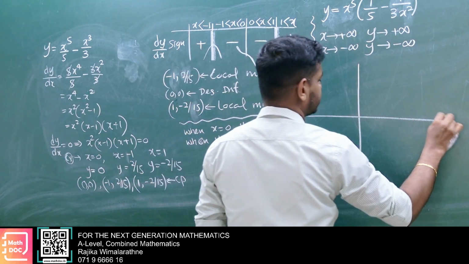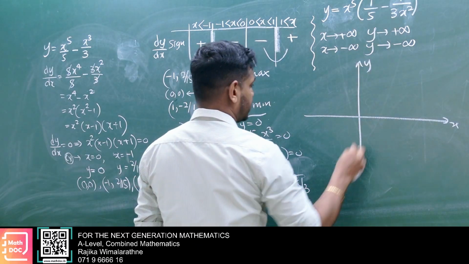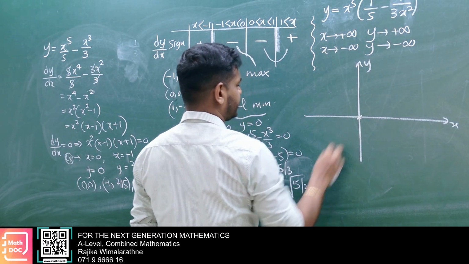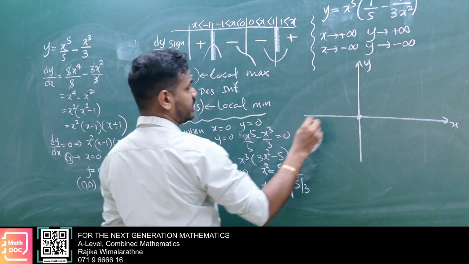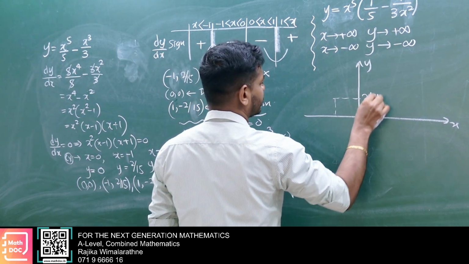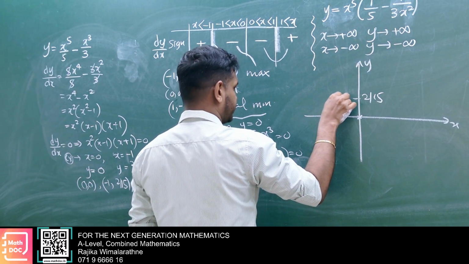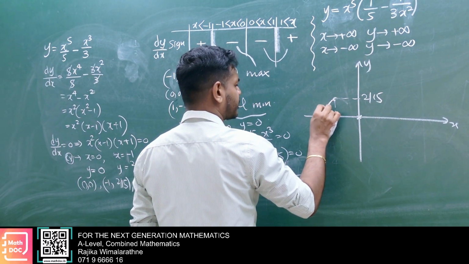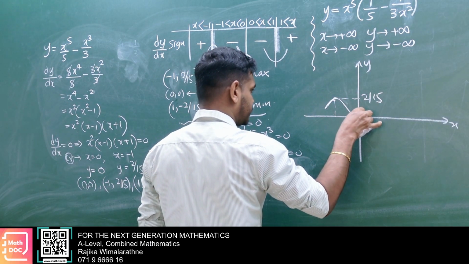Then start sketching the function. Here (0, 0) is a critical point, and (-1, 2 over 15) is a critical point, a local maximum. Then here the decreasing inflection, it goes like this.